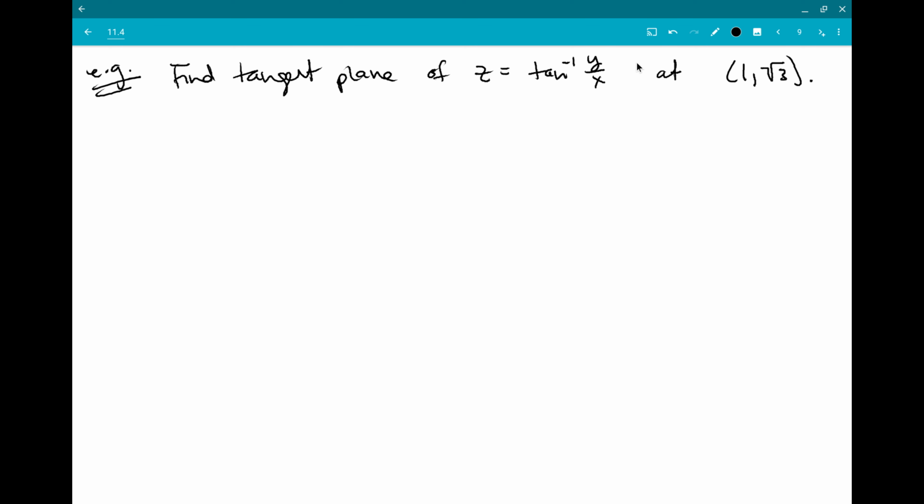So this is our surface, z equal to inverse tangent y over x, that we might denote f of x, y.